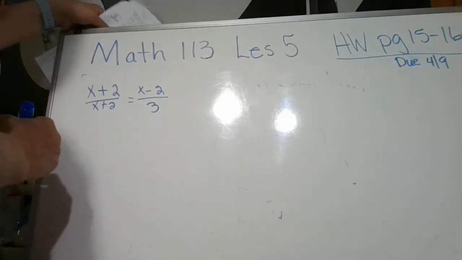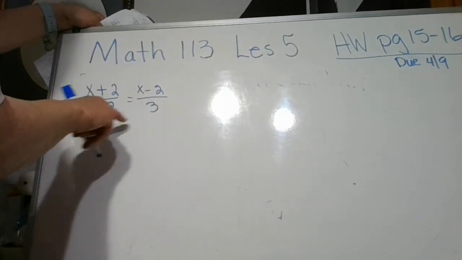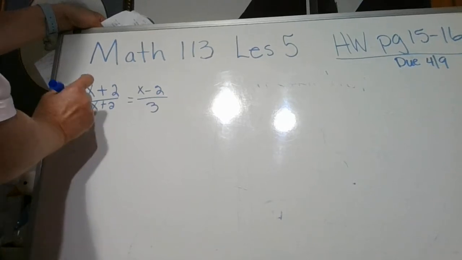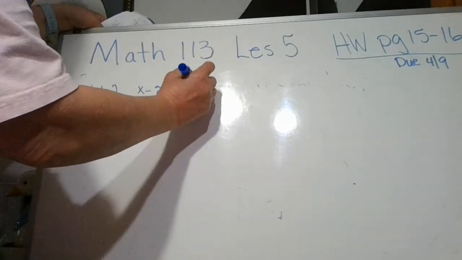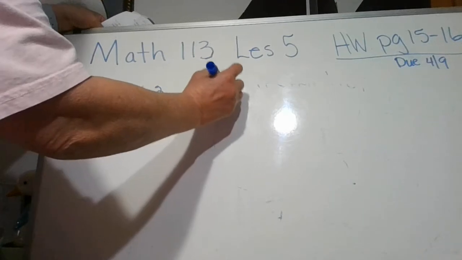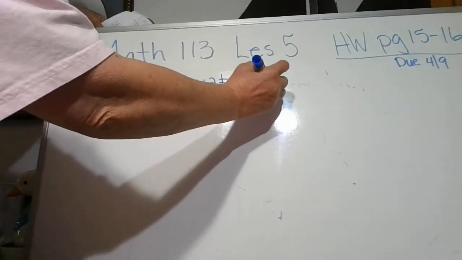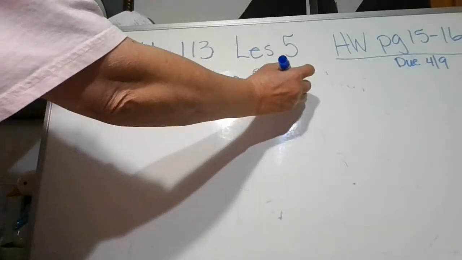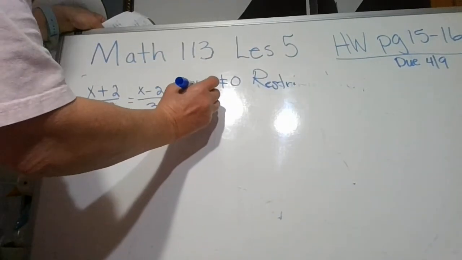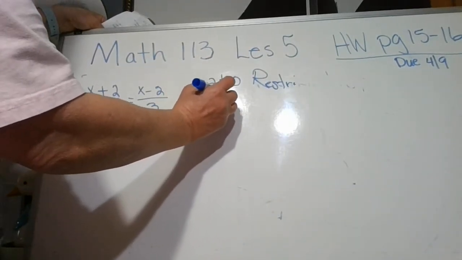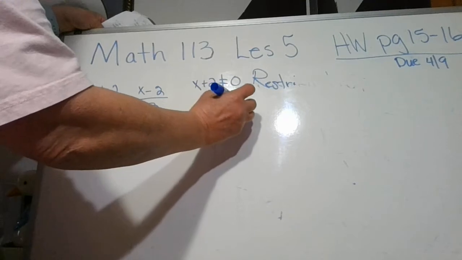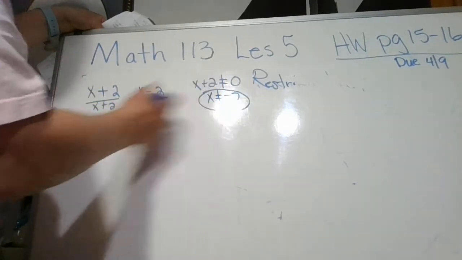This is a rational equation. So, first of all, what can x not be on the bottom here? X plus 2 cannot equal 0 because that's a restriction. So if I subtract 2 from both sides, I'm going to have x cannot equal negative 2. So remember, that is our restriction.